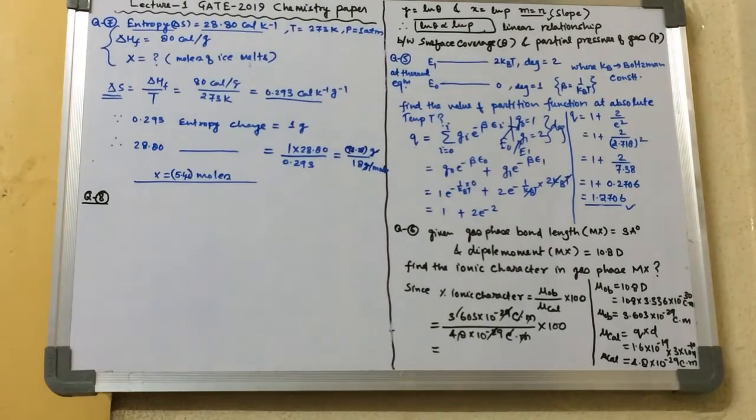So question 8 is saying the rate of the following redox reaction is slowed when X is what?